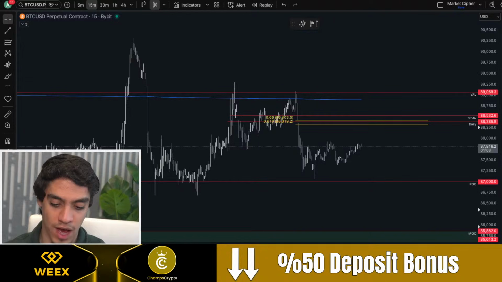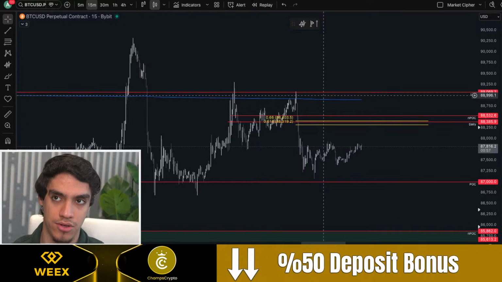It's either you have the wrong entry model, or your stop loss is too tight. These are the two possible issues you're facing, and I would probably expect the first problem, that your entry model is flawed from the get-go.